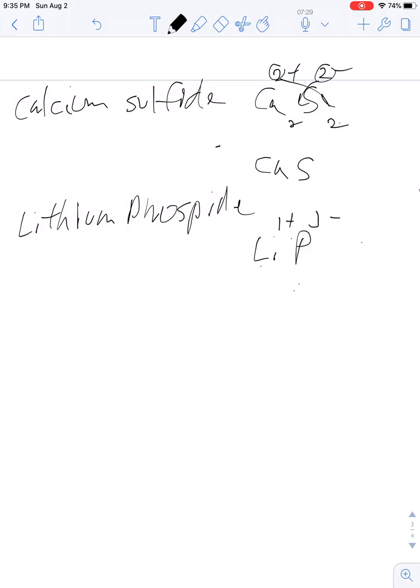So I crisscross, the 3 goes down there, the 1 goes over there. Now what I should do is when I'm done balancing, I should erase my charges. And if there's a subscript that's a number 1, I should erase it. So that my final answer would be Li3P. Okay, that's the correct way of doing it. If you don't erase your charges, I'm not going to take off points, but you should be erasing your charges.